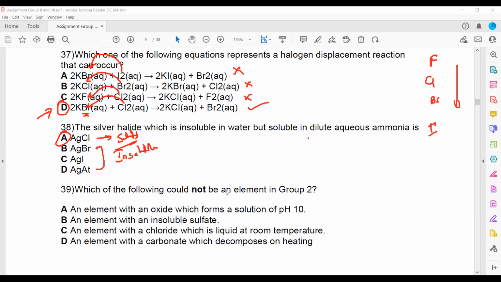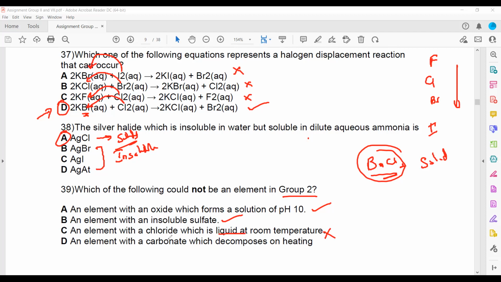Then which of the following could not be an element in group 2? An element with an oxide which forms a solution with high pH, that can be group 2. An element with an insoluble sulfate, that can be, for example, barium sulfate is insoluble. An element with a chloride which is liquid at room temperature: if a group 2 element combines with chlorine, it will be an ionic bond, because metal and non-metal, and ionic compounds are always solid at room temperature, cannot be liquid.